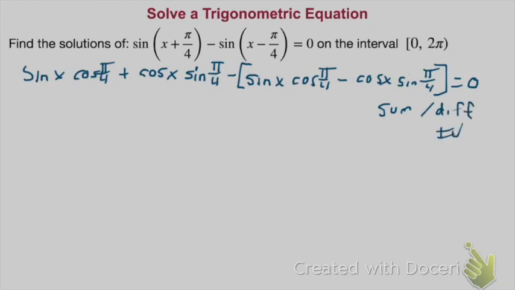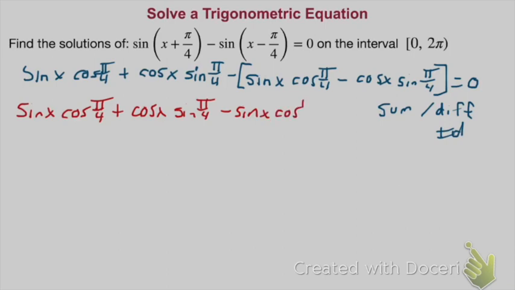And then we have two options from here. We can evaluate what we have, or we can distribute the negative sign through. I will distribute the negative sign in. So we have sine x cosine pi fourths plus cosine x sine of pi fourths minus sine of x cosine pi fourths plus, and I'm going to go down here a little bit, cosine x sine of pi fourths, all equal to 0.